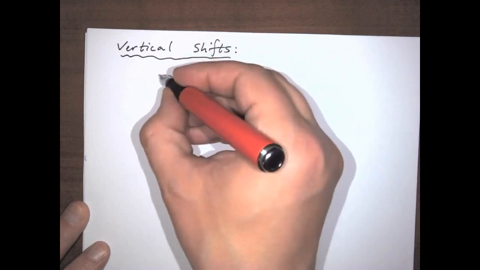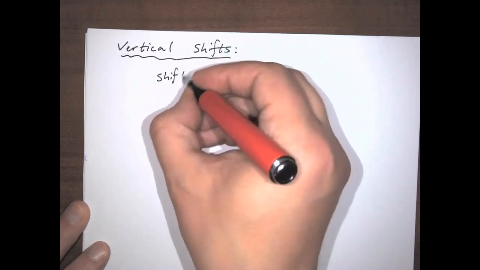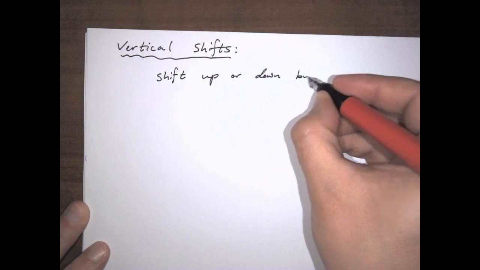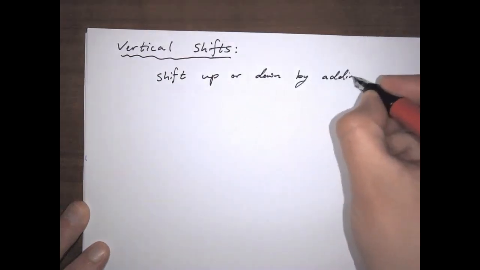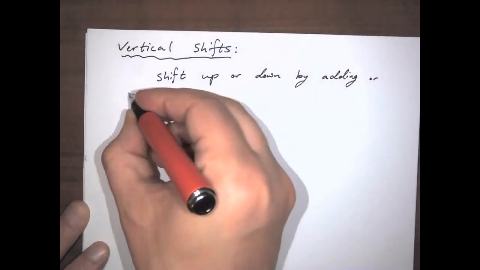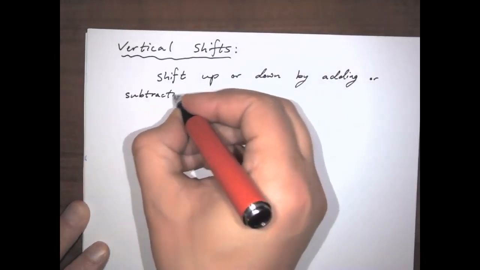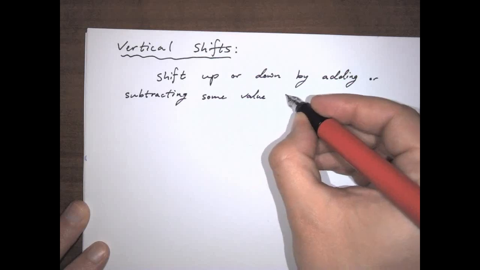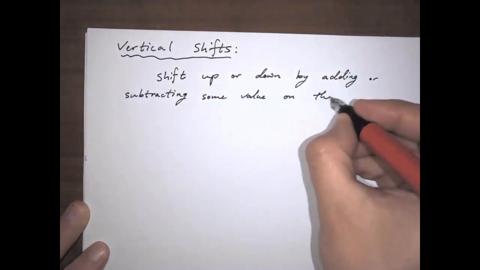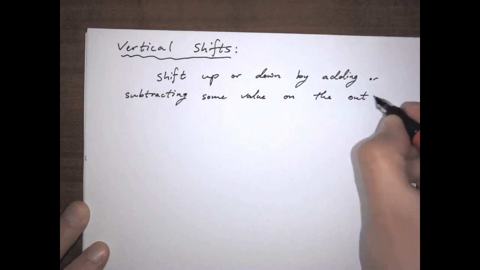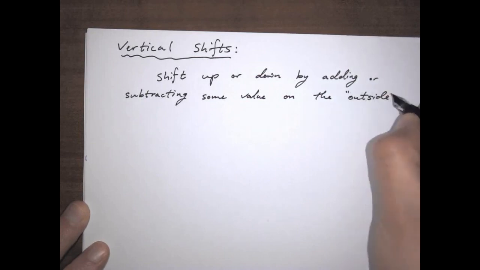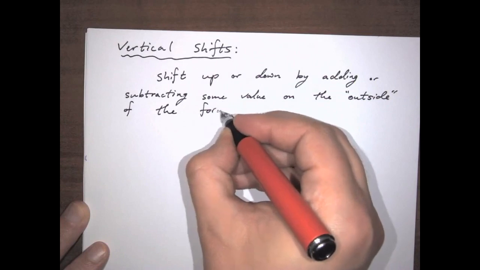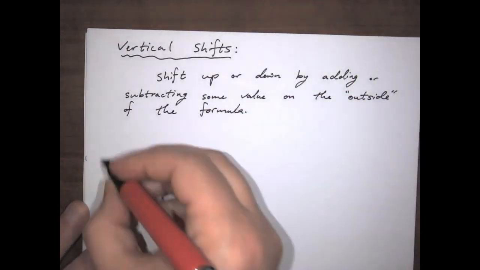So we can shift up or down by adding or subtracting some value on the outside of the formula.